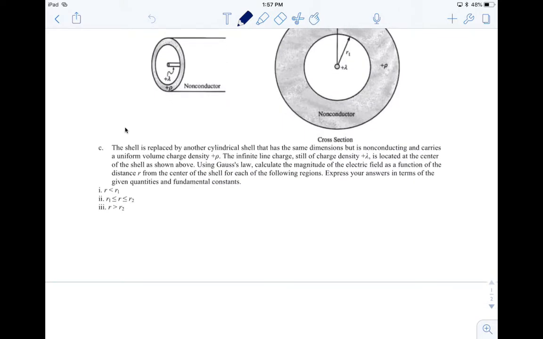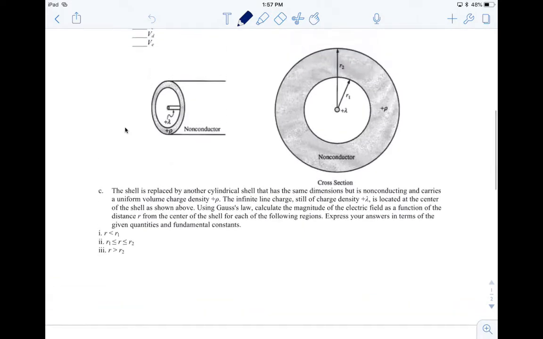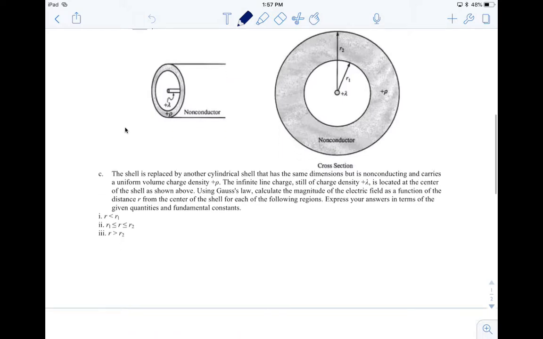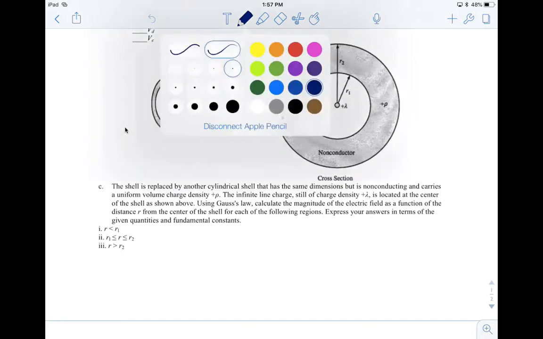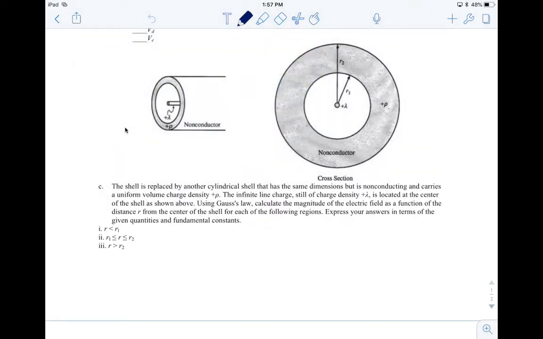Okay, so let's do part I first, and we need to first of all remember it's a cylinder, so that cross section picture might be confusing. You might think it's a sphere, but it's a cylinder. So we need to pick a Gaussian cylinder that is in that white region. I'll draw it on this picture.